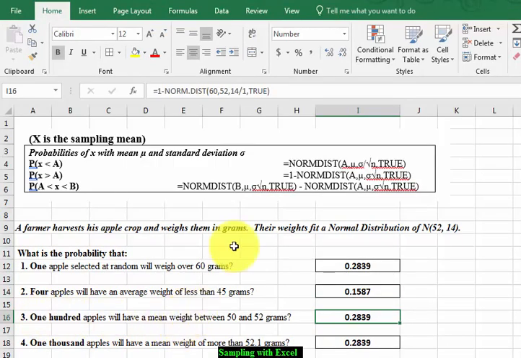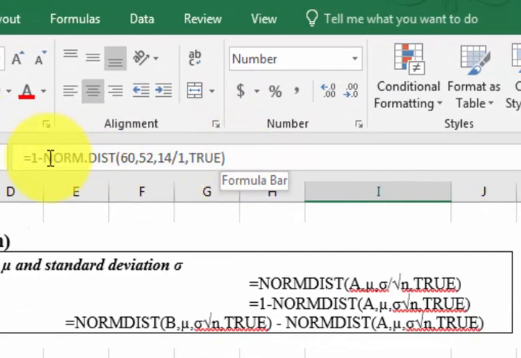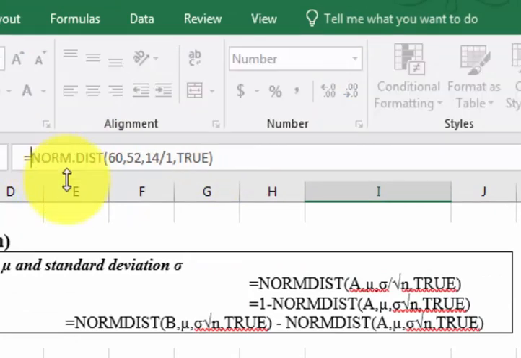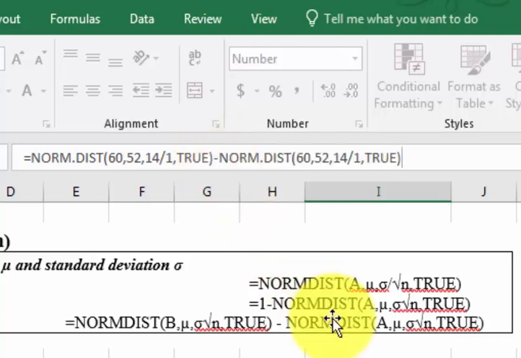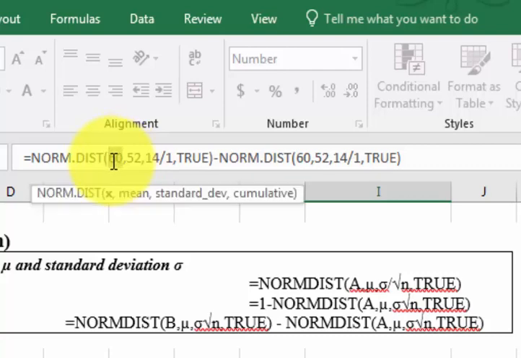All right, we're going to do the same thing here. This is a between problem, so we go up and get rid of the 1 minus. We follow the bottom formula: the probability that X is between A and B. So we put a minus sign and repaste. We want the big number first. The mean is 52, the standard deviation is 14, and this time we're talking about the square root of 100, which is 10.